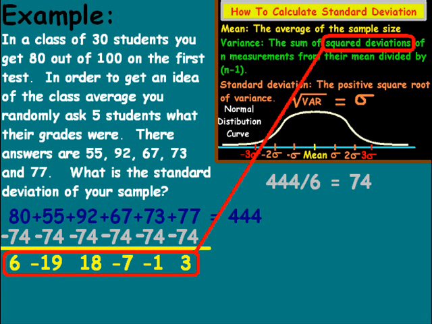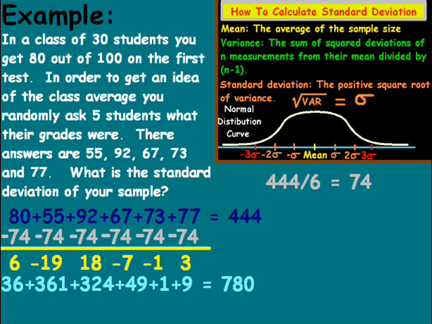Well, that is just deviations, so we need to square those numbers. So 6 squared is 36, negative 19 squared is a positive number, 361, 18 squared is 324, negative 7 squared is 49, negative 1 squared is 1, and 3 squared is 9. And we add all those numbers together, and we're going to get 780.